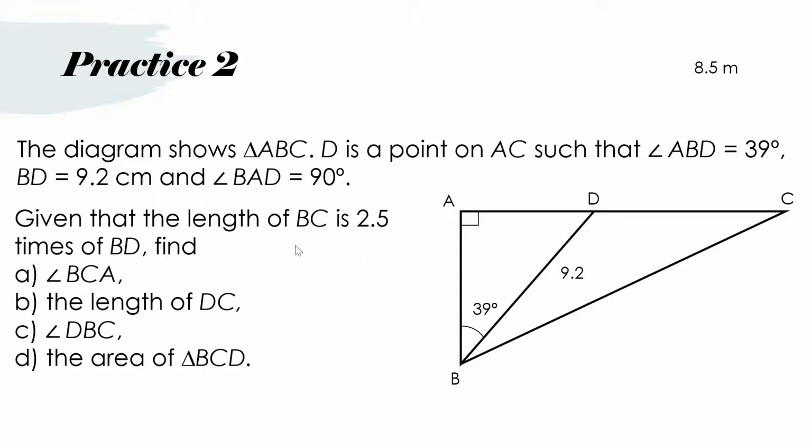So given that the length of BC is 2.5 times BD, find angle BCA, which is this, and the length of DC, angle DBC, and area of BCD. So this triangle. So part A.